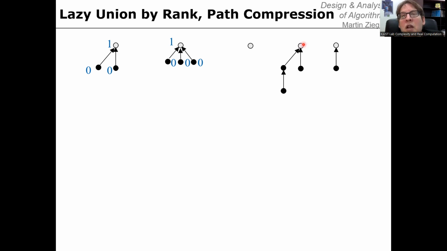The previous algorithm had constant cost for the find set operation, but logarithmic cost for the union operation. Now we're trying to balance that. We reduce the amortized cost of the union operation, at the expense of possibly slightly increasing the amortized cost of the find set operation.